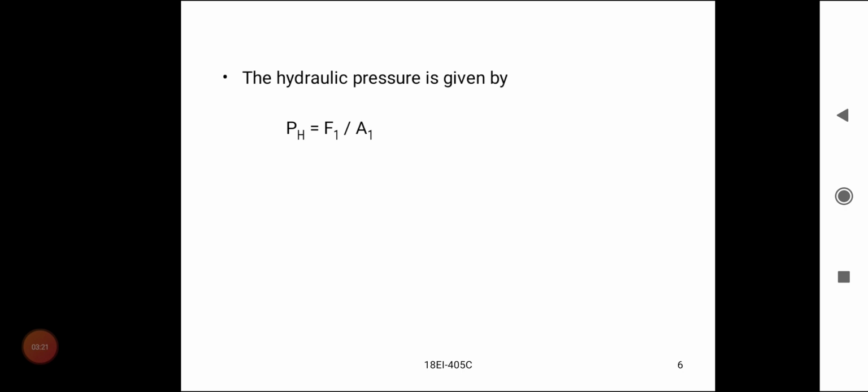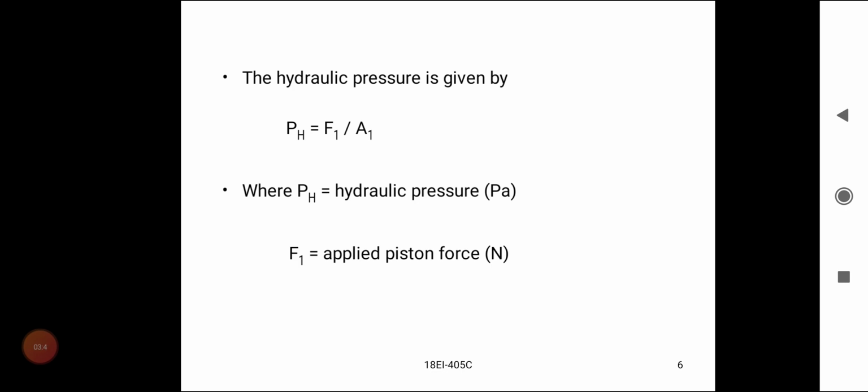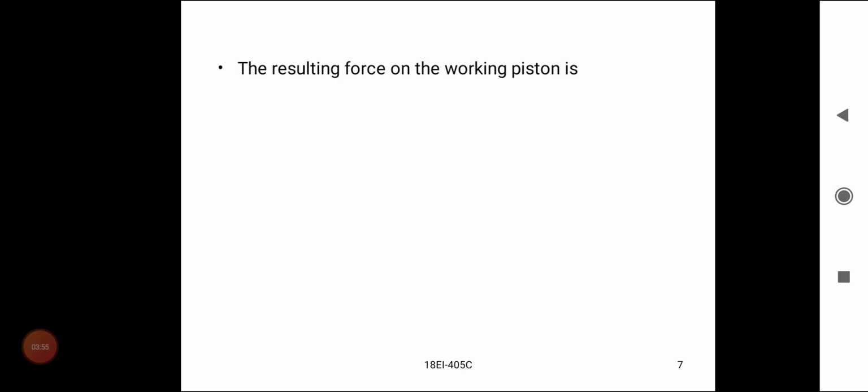The hydraulic pressure is given by pH equals F1 by A1. So the hydraulic pressure is the ratio of force F1 to the piston area A1, where pH is the hydraulic pressure in pascals, F1 is the applied piston force in newtons, and A1 is the forcing piston area in square meters.